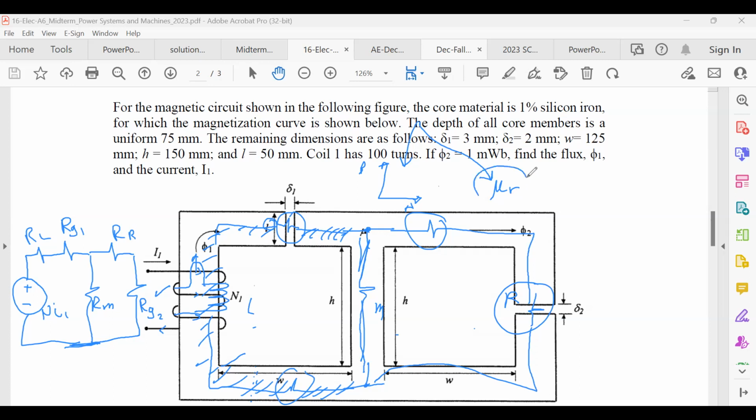If you have the relative permeability for the iron, you are going to use the MMF for the iron equals the flux times the reluctance. And you can calculate the reluctance because you have the mu R or the mu of the iron. If you have the mu R, you multiply by the mu naught, then you can get the mu of your iron or the ferromagnetic material.